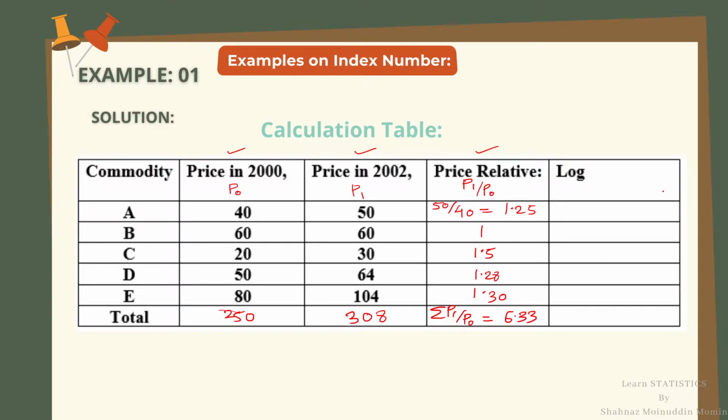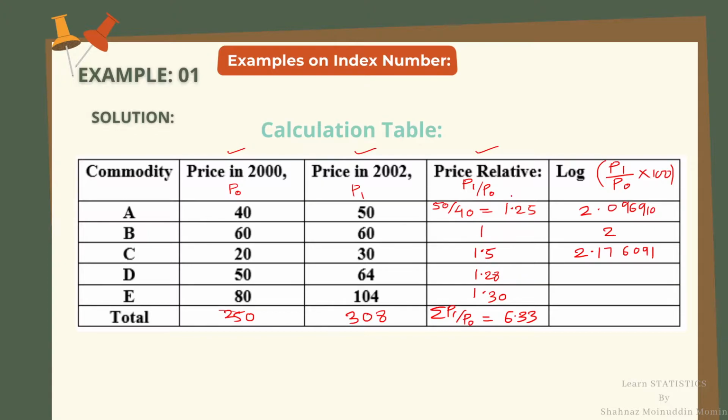Now we shall calculate the log of the percentage of price relative, that is P1 upon P0 into 100. This is equal to 2.096910. Next is 2.146091. Here we have obtained price relative P1 by P0.